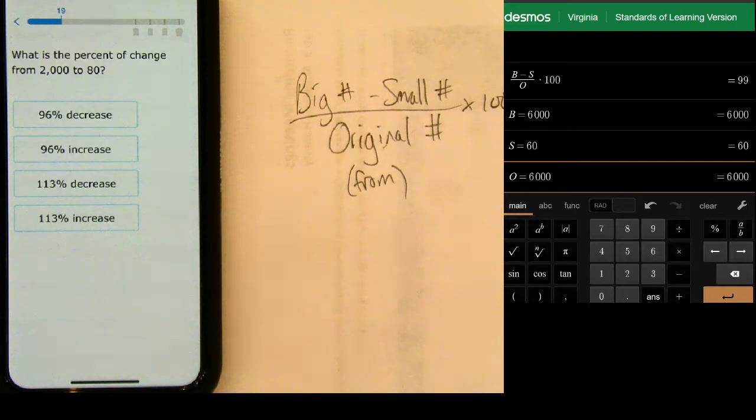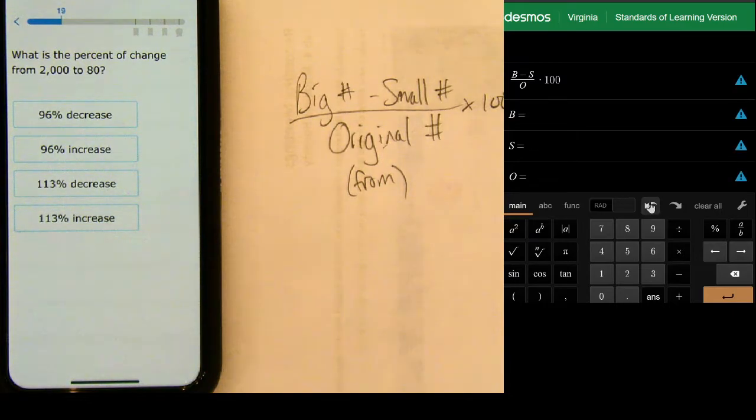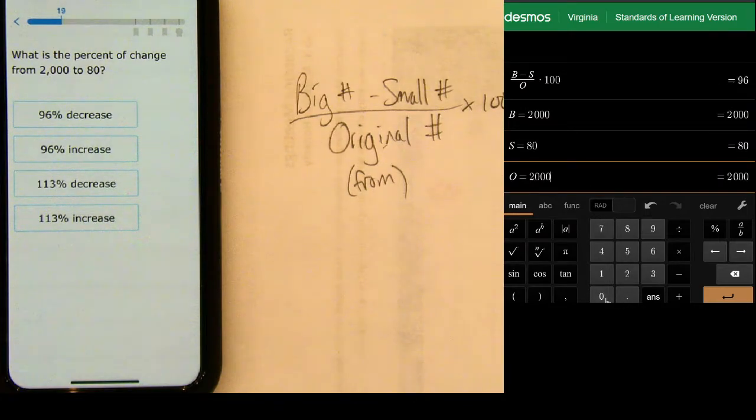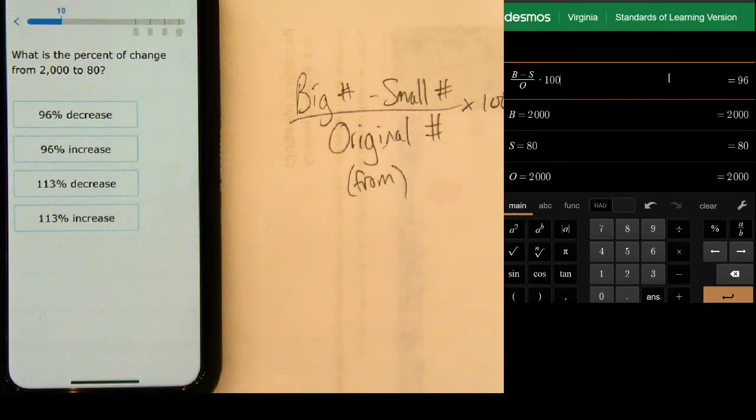Moving forward, we have from 2,000 to 80, and so it's going to be decreasing. We're going to say our big number is 2,000, our small number is 80, and our original is 2,000, and so our change in percent is 96, and we're going to say it's a 96% decrease.